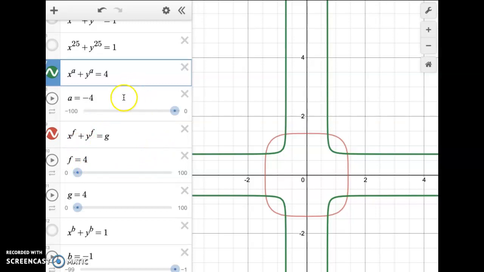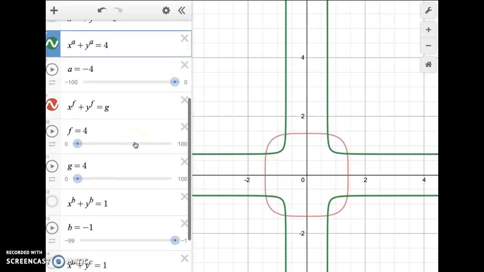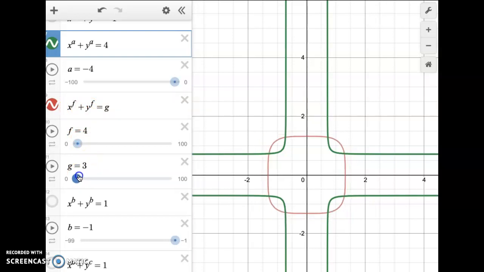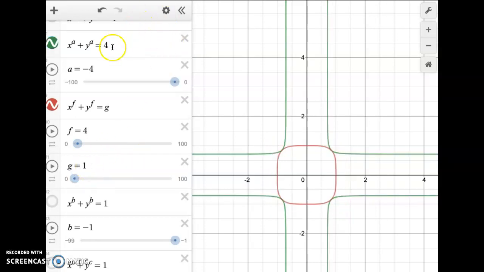Of course, any number could go here, but for the trial and error, from here I just tried to find a number in which all these points would connect. So again, my exponents are still -4. So what I did is change this G. I see immediately that this is too big, so I have to go smaller and smaller. And again, we're back at this 1 and this 4 being related.